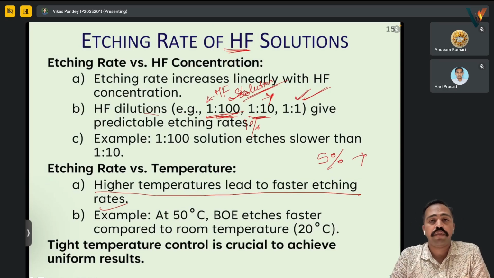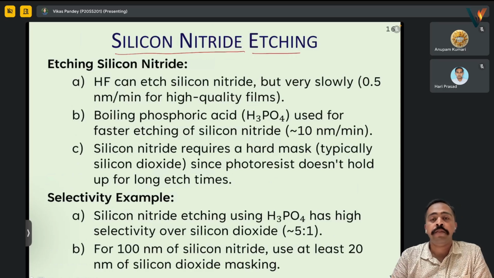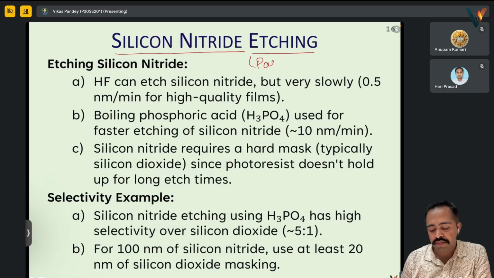Another example is silicon nitride etching. This is again a very important material that needs to be patterned. It is very commonly used for passivation, and cantilevers are also made using this.